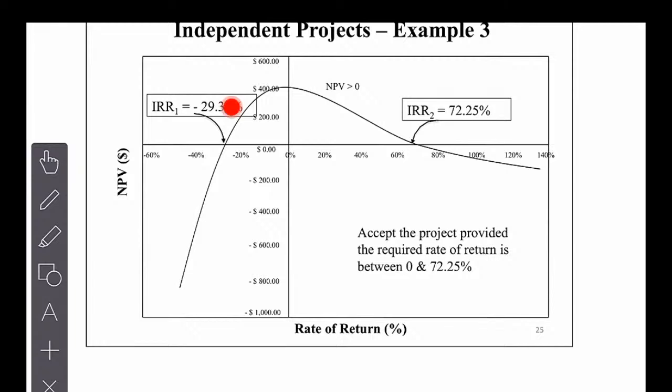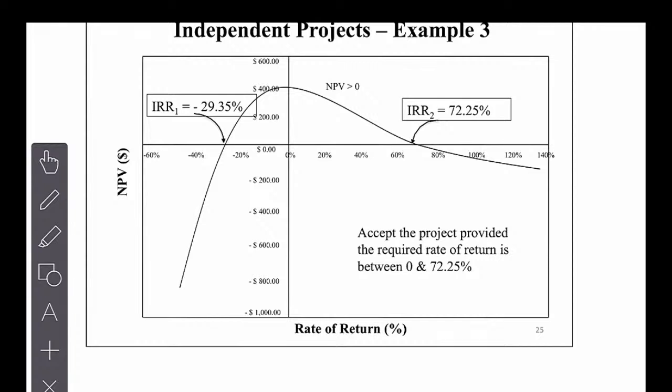So we don't consider these negatives. Usually discount rates are positives. So I'm just using this to help me draw the curve, all right? It's usually the case that discount rates used by firms will be positive. So we would say we accept the project provided it's up to 0 or more.